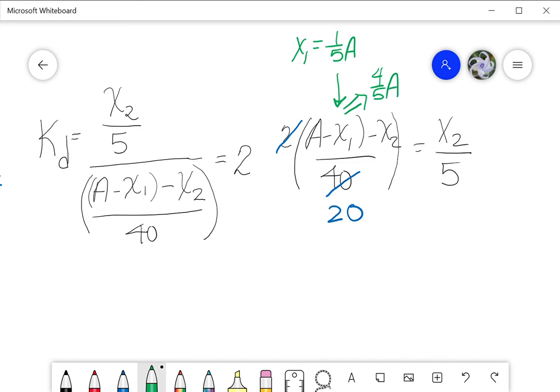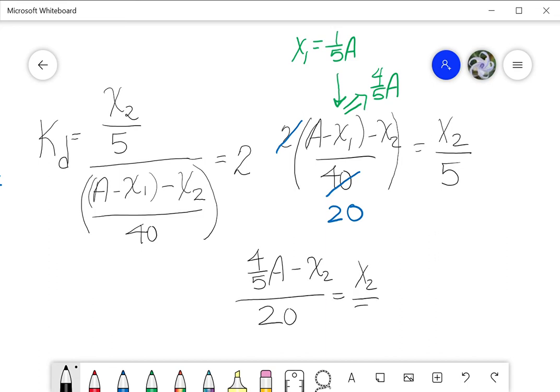So we'll have 4/5 A minus x2 over 20 equals x2 over 5.